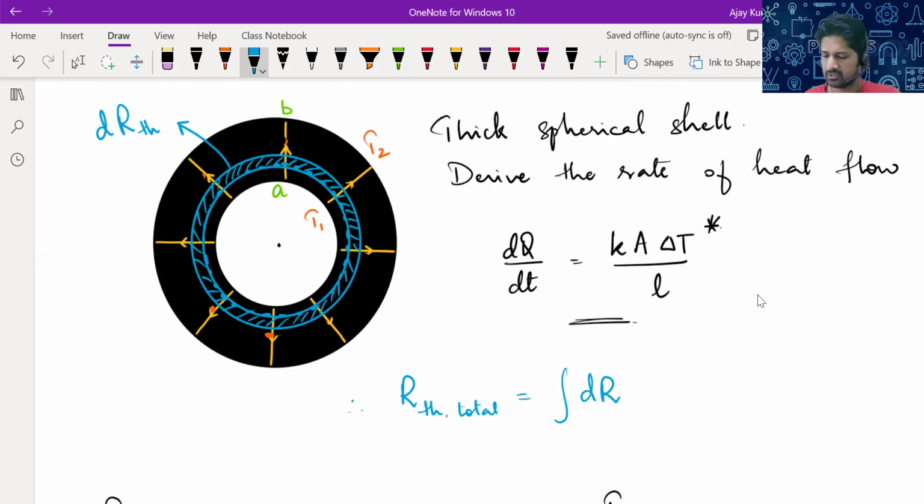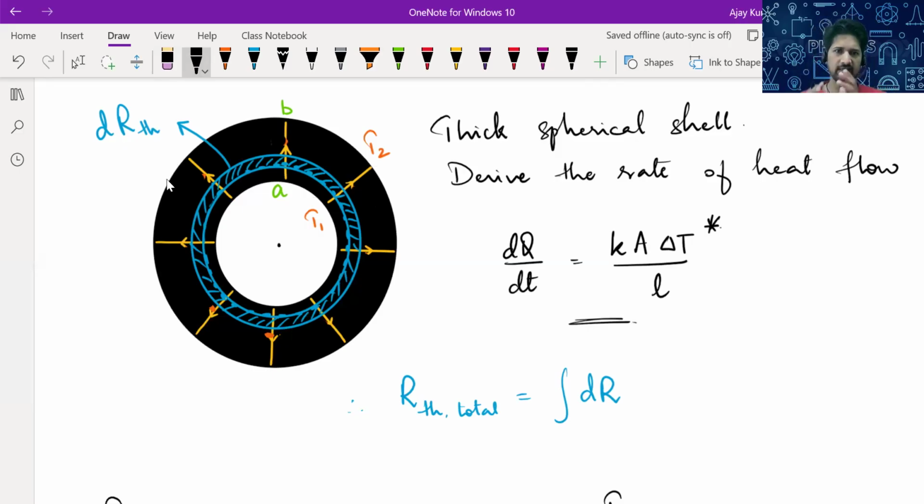Integrate all the small thermal resistances, you will get the total thermal resistance of the given object. And once you know the total thermal resistance and you know the temperature difference, inside temperature is T1, outside temperature is T2. So it's like knowing potential difference and resistance, you can tell the current. Okay. So these are of JEE level, JEE Advanced, I can say. But let's solve this problem.